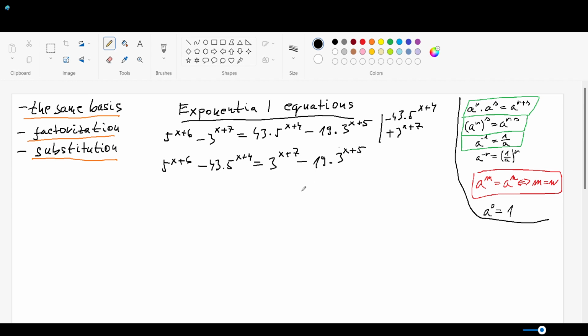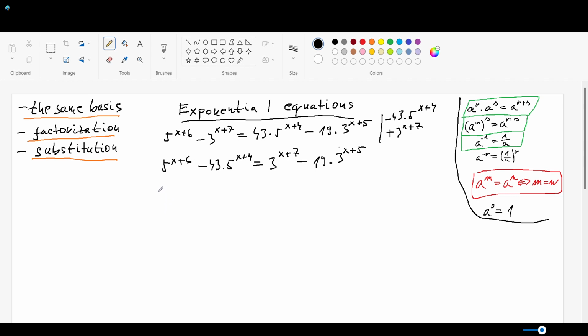Now, what is the clever idea here is that this expression and this expression have a common factor. And what do you think is the common factor of these expressions? Yes.